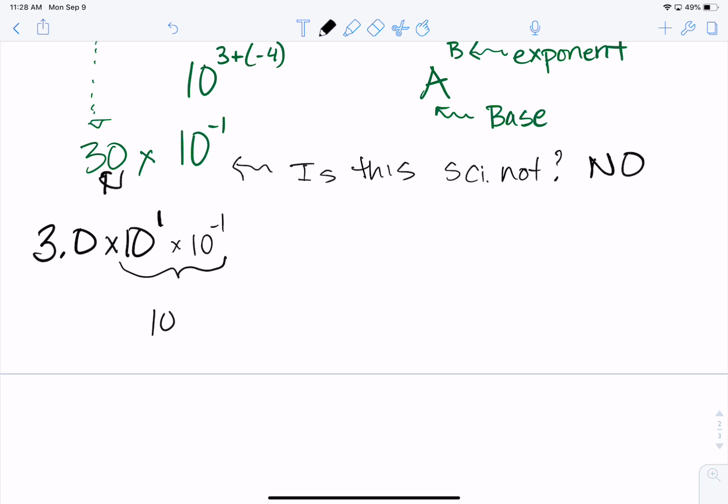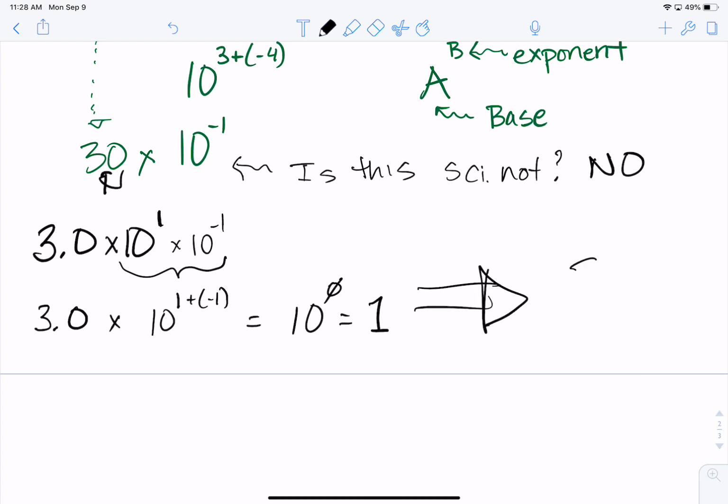So it's really 10 to the 1 plus a negative 1, which is just 10 to the 0. What's 10 to the 0? 1. Good. So this is just a big fat 1. So really, I had 3.0 times 10 to all this junk. And the bottom line is, the answer is 3.